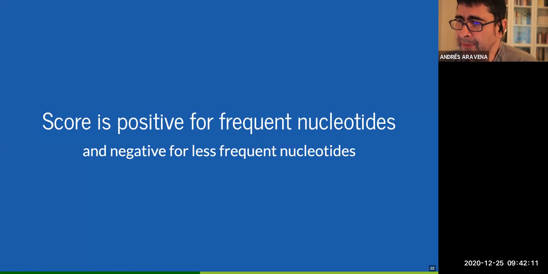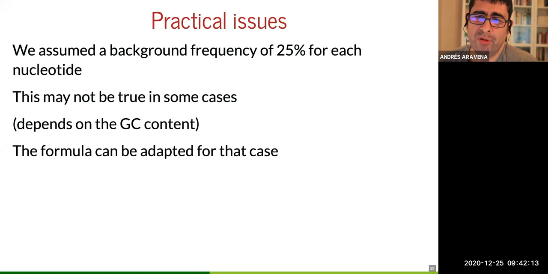Question? No? As you say, we assume that the background frequency for each nucleotide is 25%. That may not be true, because you may be working in an organism that has a GC content, let's say, 30%, 35%.